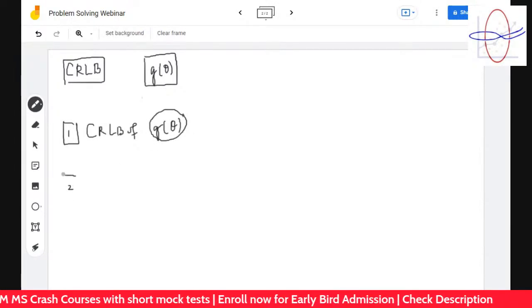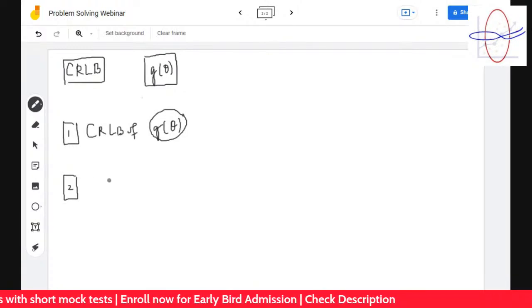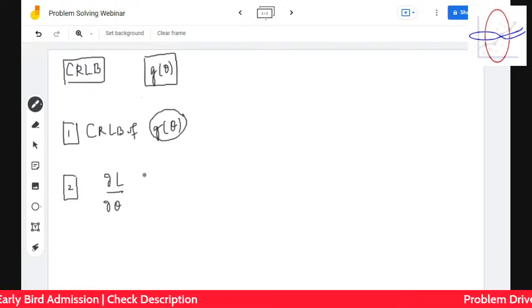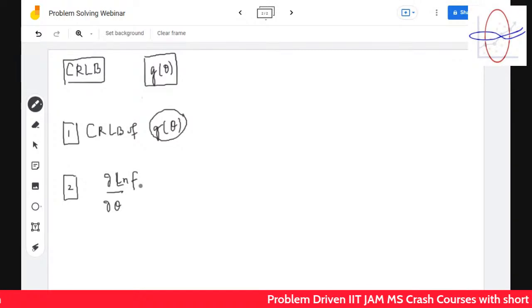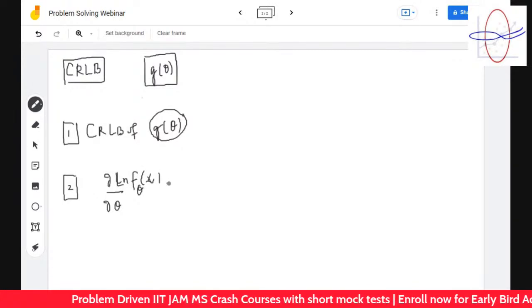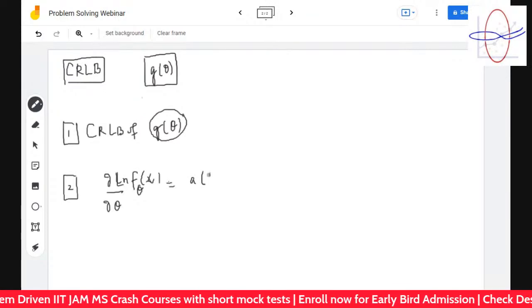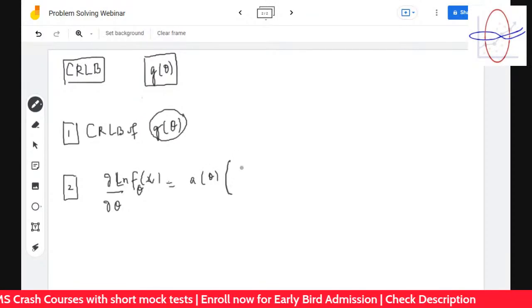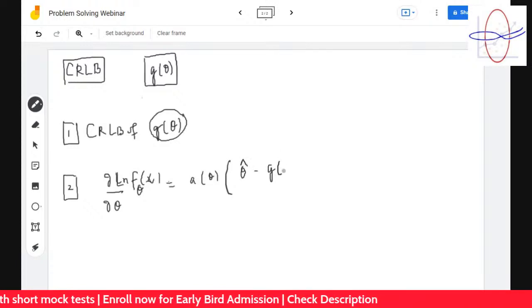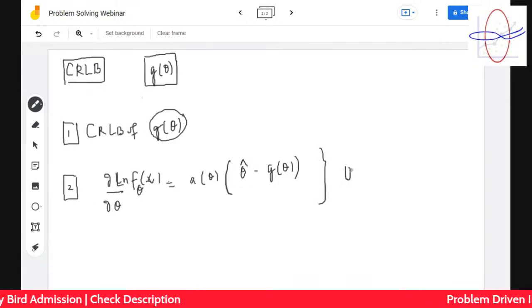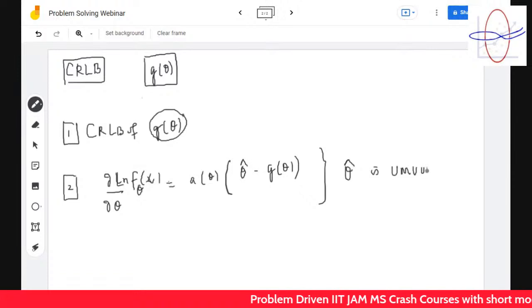While you're doing del log f_theta(x) by del theta, if you remember, it would come in this format: a(theta) times (theta hat minus g(theta)). If this is expressible in this format, then theta hat is UMVU of g(theta).